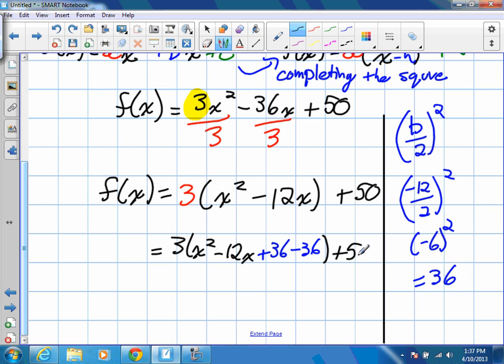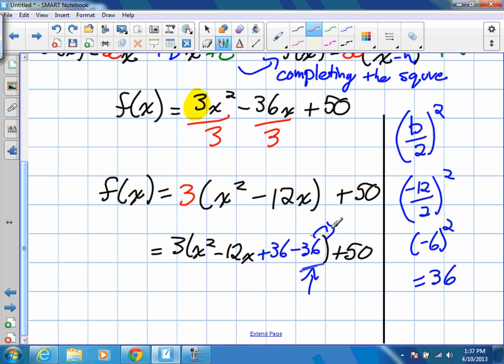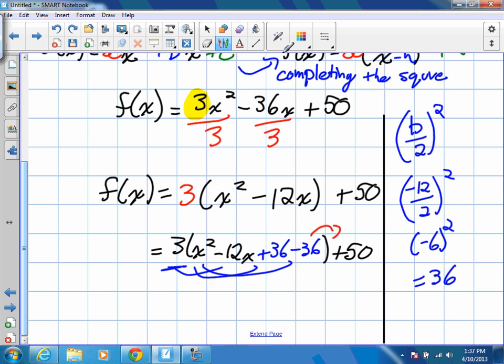Okay, now if you notice, I have 4 terms here, and we need a perfect square trinomial. So I have to take the negative term and take it to the outside of the brackets. In other words, when I take it out, technically this 3 needs to be distributed to all the terms inside. So when I take it out, I have to remember to multiply it by the front term, which is 3 in this case. So we take the negative 36 out and multiply it by 3.